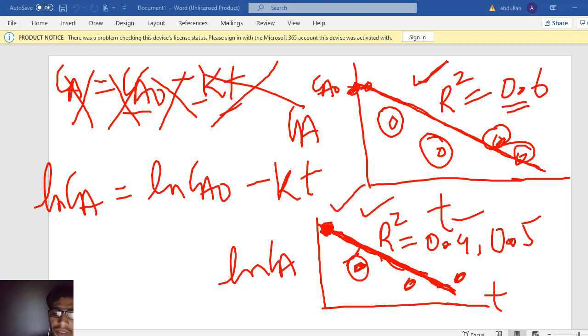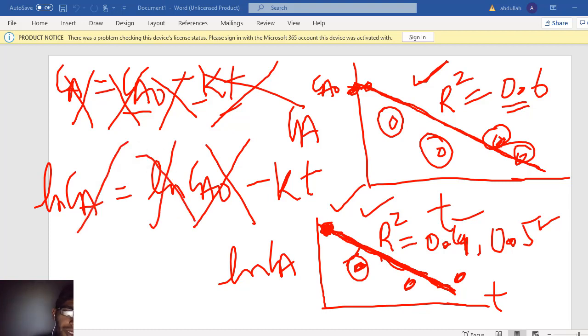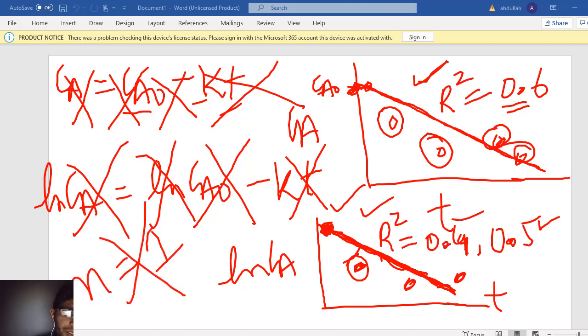So the reaction is not first order, just as it was not zero order in the previous case.